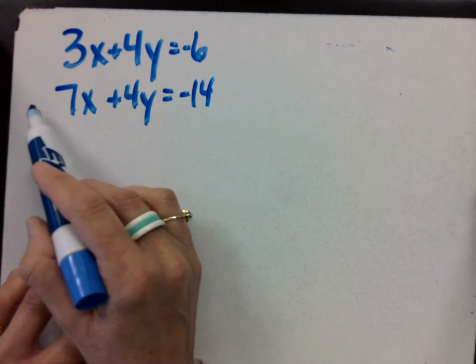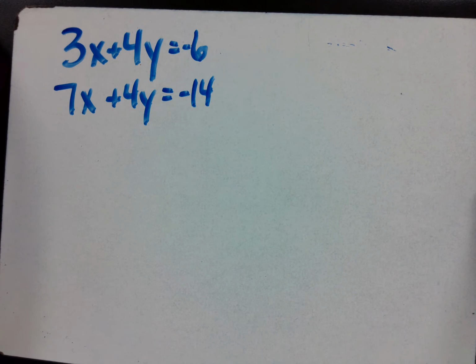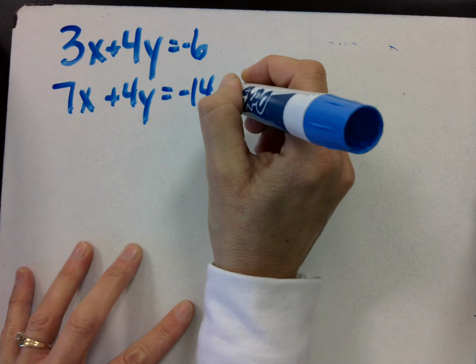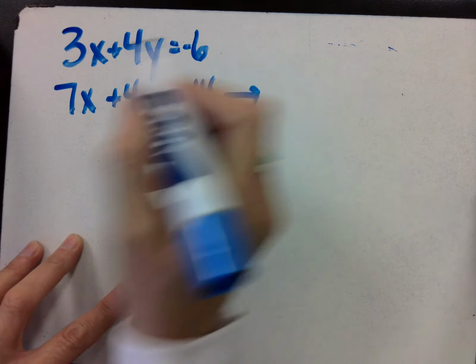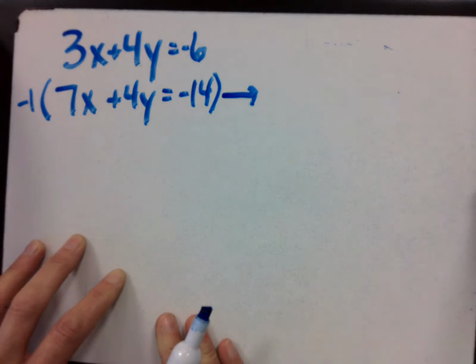You have to do the entire row because multiplying something to every object in that equation, as you already know, just creates an equivalent equation, just like with fractions. If you do something to the top and the bottom, you're creating an equivalent fraction. So I'm going to create an equivalent equation by multiplying everything in the bottom row by negative 1.